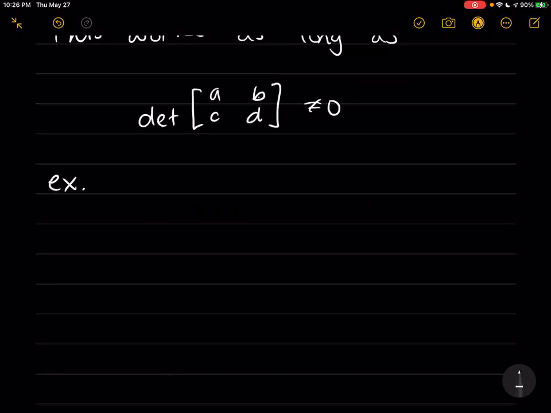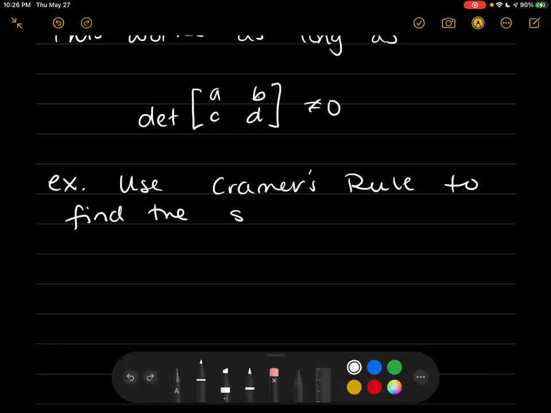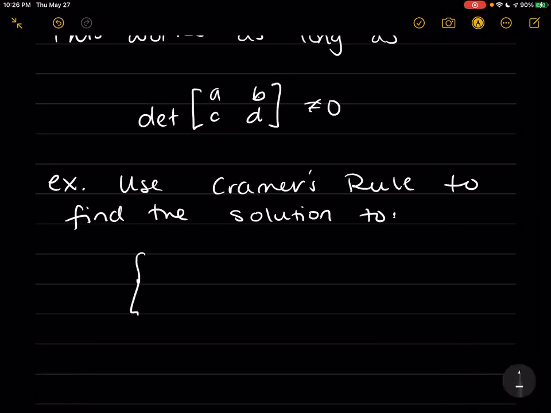We're going to use Cramer's rule to find the solution to the following system: 2x minus y equals -9, and x plus 2y equals 8.